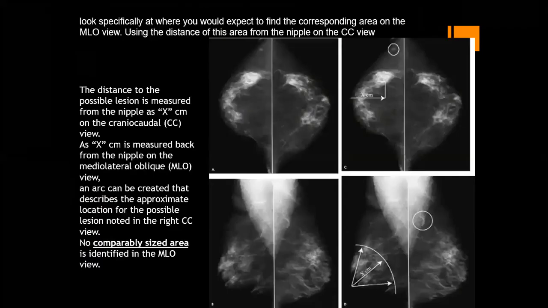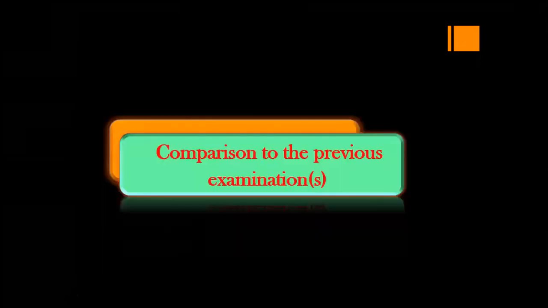And also just to remind you about the ARC technique and these techniques that can help you to visualize a focal asymmetry or an asymmetry seen in one mammogram view. When a standard view could not be visualized in the other view, just use the technique searching for comparable size and comparable density of this asymmetry in the perpendicular view.